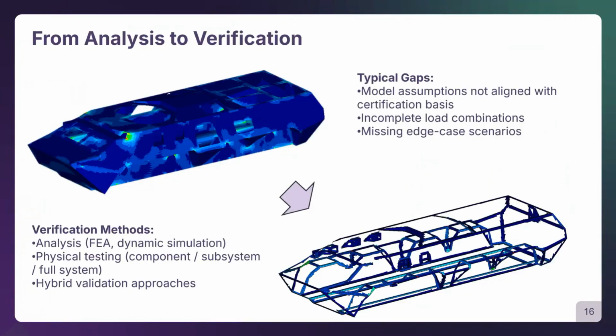Another thing is incomplete load combinations. If we miss something in our load combinations, then the answer is basically wrong, so we're never sure whether the structure is designed properly. And for verification methods, of course, we are focusing on FEA, but often dynamic testing and physical testing are also used in conjunction with FEA, for example for materials which are not well known, which results in the end in a hybrid validation process.